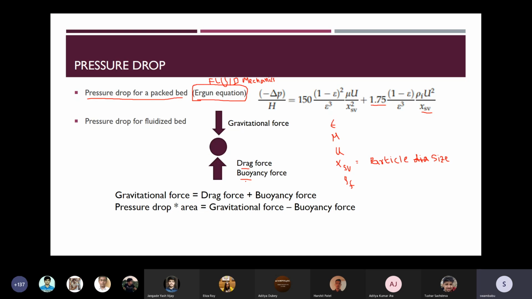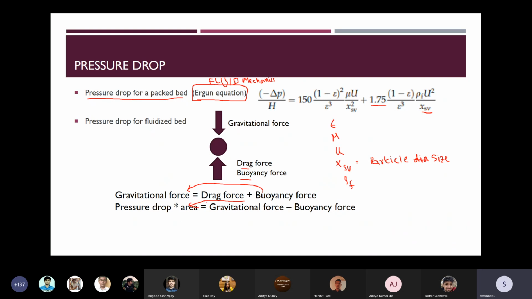Right? So the drag force I have taken on the left side, and the buoyancy force is brought to this side. Drag force and pressure forces remain the same.